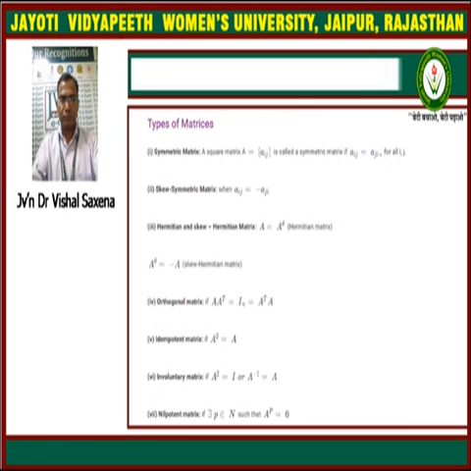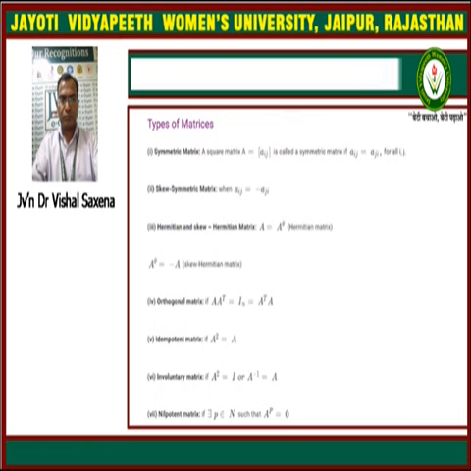A Hermitian matrix is a complex square matrix which is equal to its own conjugate transpose, that is, the element in the ith row and jth column is equal to the complex conjugate of the element in the jth row and the ith column, for all indices i and j.